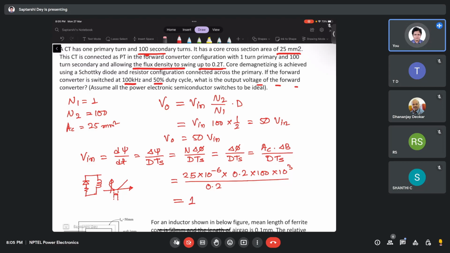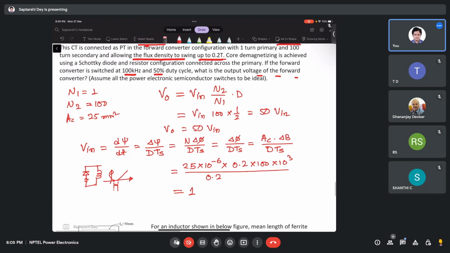So V in is coming out to be 1 volt. And V out is then 50 volt.